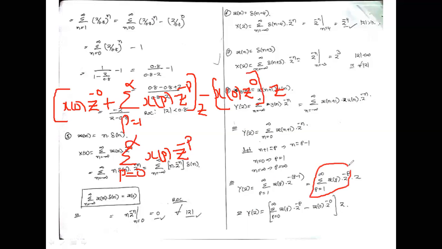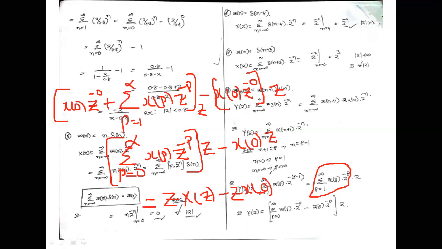I take only this function, rewriting the sum from p is equal to 1 to infinity as 0 to infinity by adding and subtracting x of 0 z power minus 0. The total function is multiplied with z, minus x of 0. Anything power 0 is 1, so x of 0 into z. According to the unilateral z transformation, the definition is from 0 to infinity only. So z into x of z minus z into x of 0 is the total function.